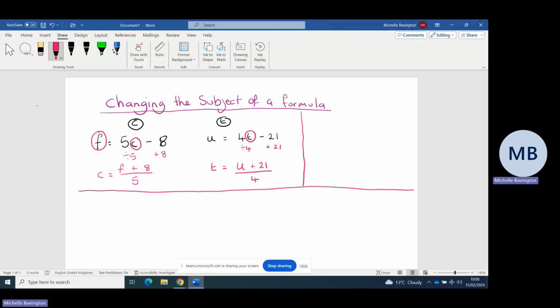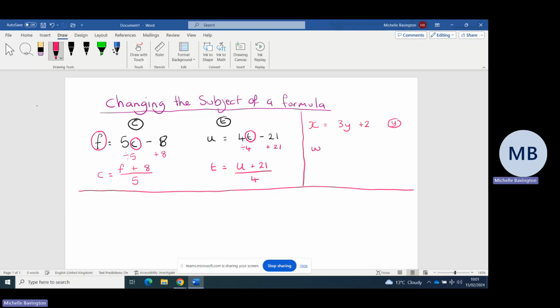What I'm going to do here is give you 3 questions to have a go. In brackets is what you've got to make the subject. Okay. X equals 3y plus 2. Now make y the subject.